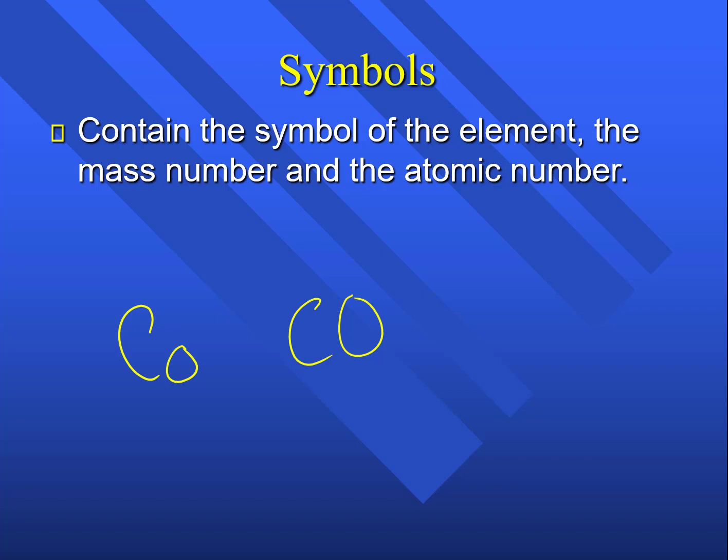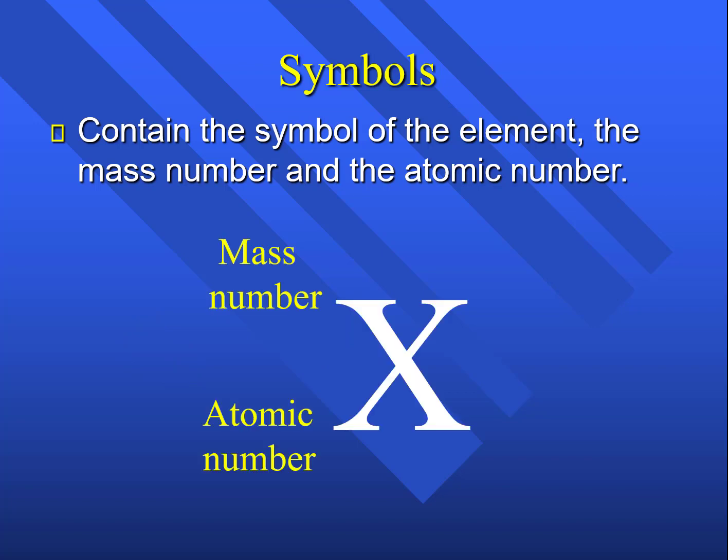Okay? And once you do that, I put X for where the symbol goes, and superscripts on the left-hand side. Superscript: written above, super above, script written. Superscript on the left, mass number. Subscript on the left, atomic number.